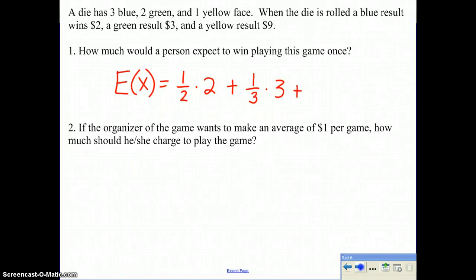Plus, the last outcome is yellow, which is 1 out of 6 faces, times the winnings for yellow, which is $9. If you add all of those together, you get $3.50. That's how much a person would expect to win playing this game one time.